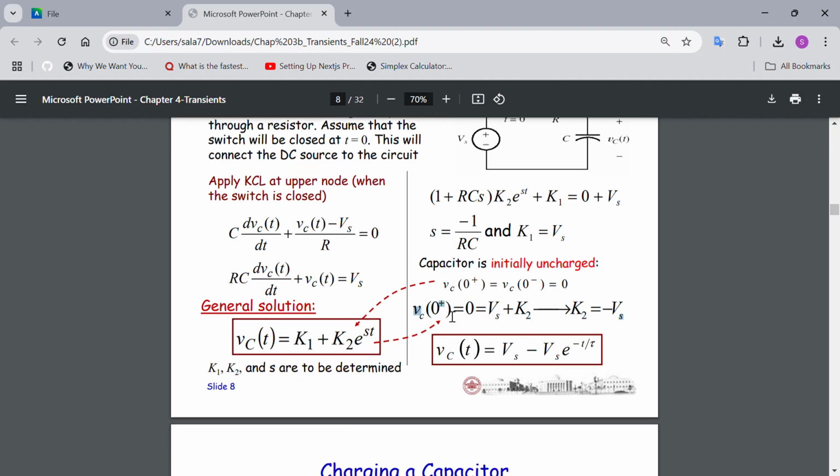So Vc of 0 from the right equals 0. If we substitute 0 for t, we have Vs plus k2, which leads us to k2 equals minus Vs. This gives us the equation Vc equals Vs minus Vs e to the -t over tau, where tau is just RC.